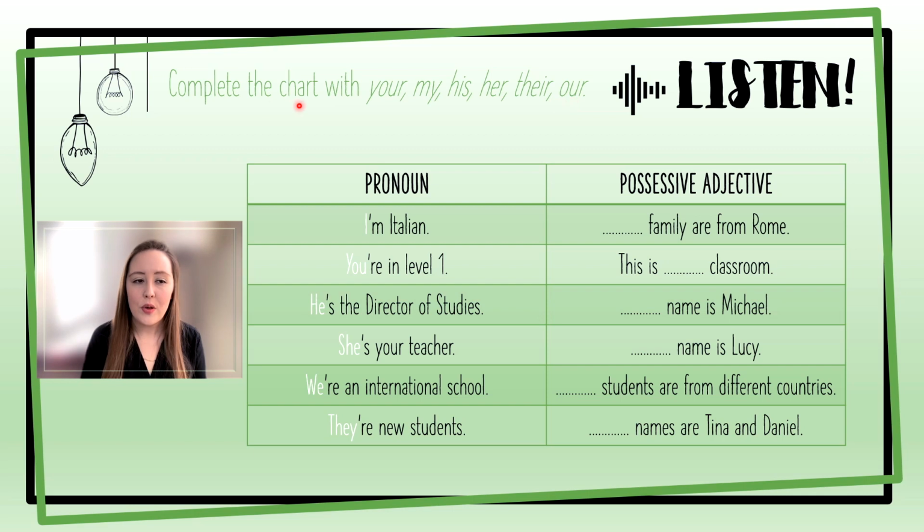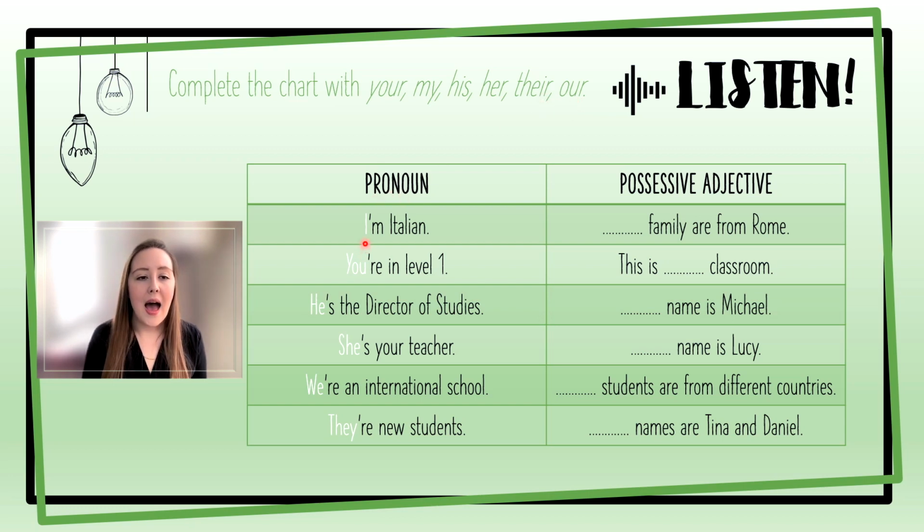Once more, complete the chart. You're going to fill in the spaces with your, my, his, her, their, or our. Listen to my sentences and write down the answer.